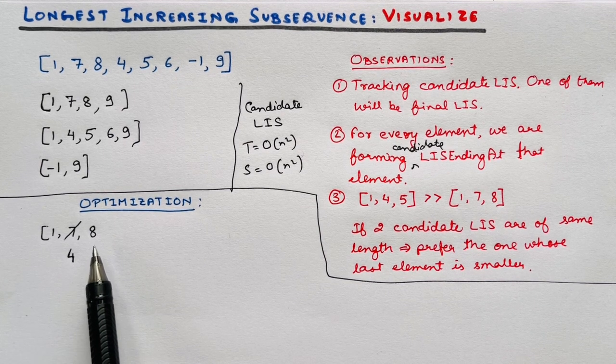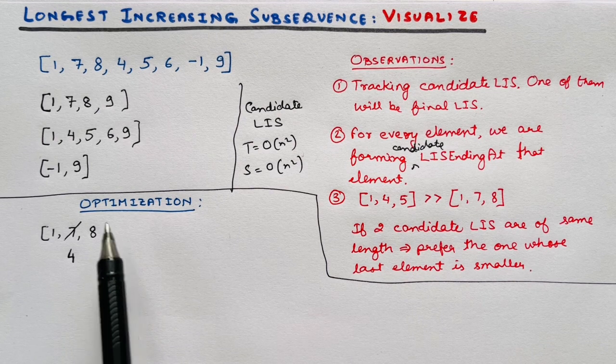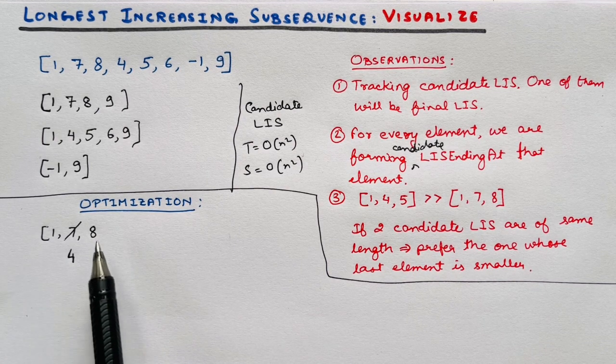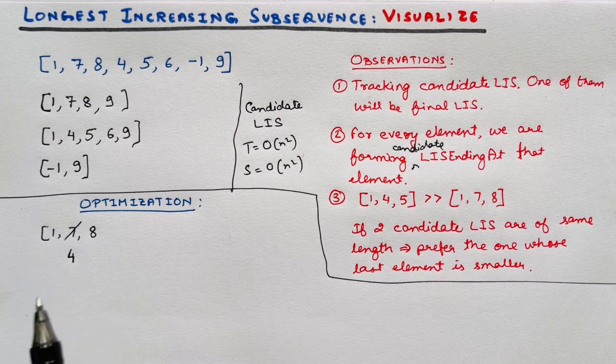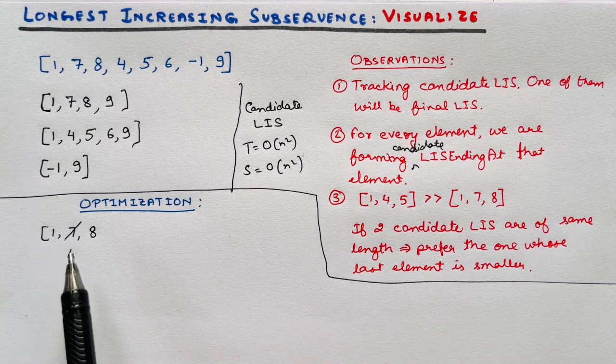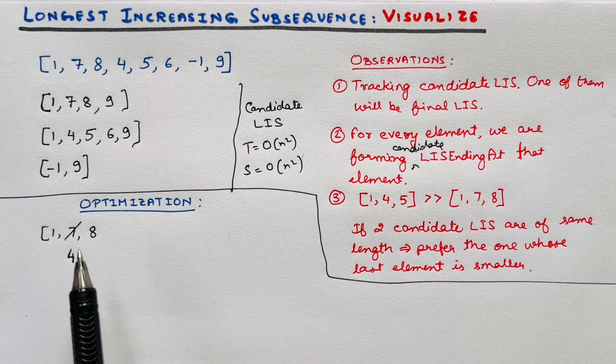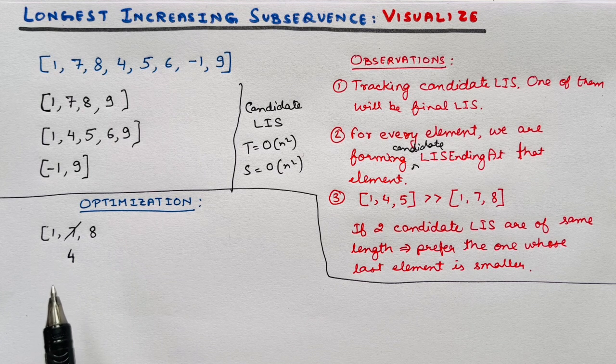Then there is a best LIS of length 3, which ends at 8. Since we have the LIS till length 3, our answer finally is 3 so far. But what we have done here, by removing 7 and placing 4, is that we don't care about the LIS ending at 7, because there is a superior LIS that ends at 4 and is of the same length.